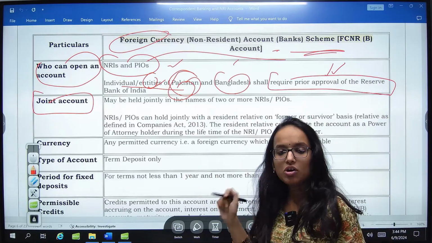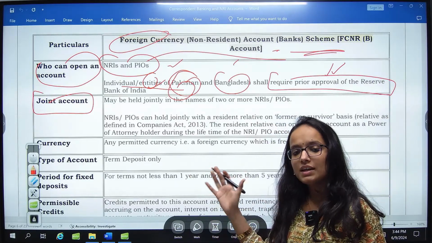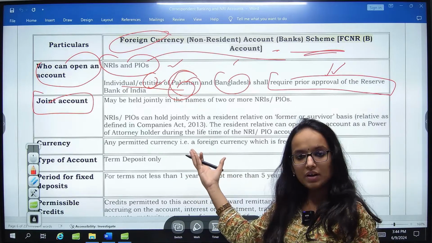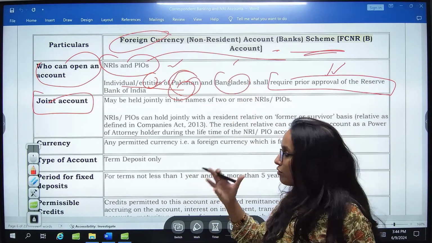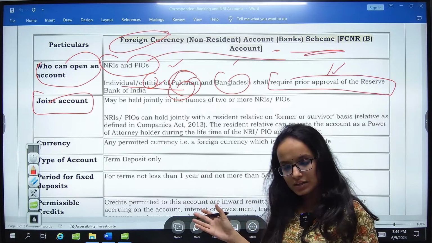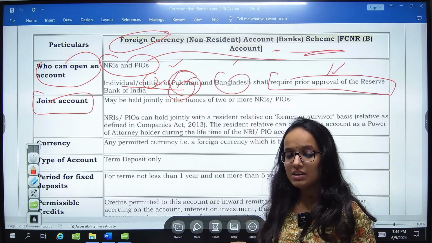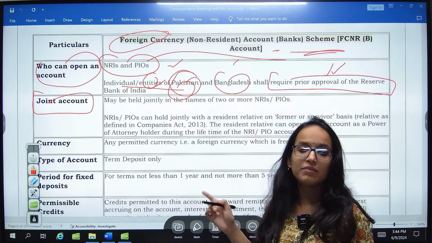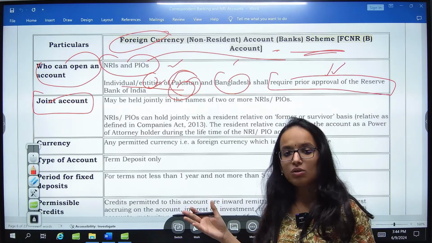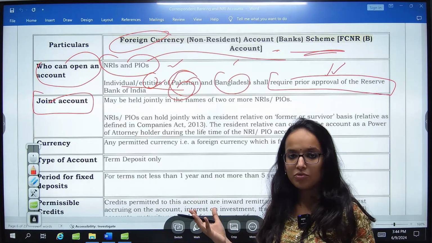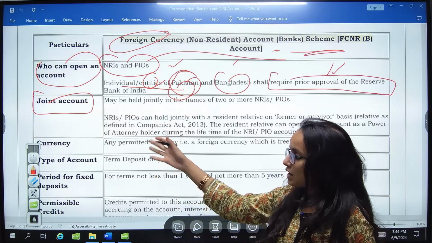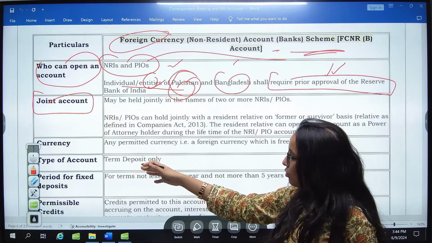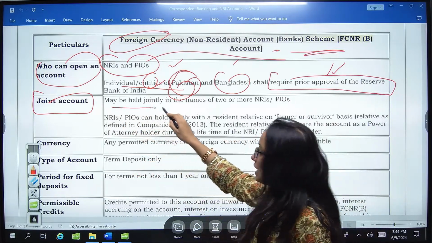So when we talk about joint account, is there any provision of opening up of joint account for the FCNRB account holders or for NRIs and PIOs? Yes, as was the case in NRE as well. We have discussed that in NRE also you can open a joint account, but there were conditions attached, right? Similarly here, it may be held jointly.